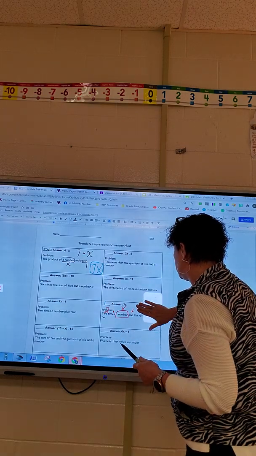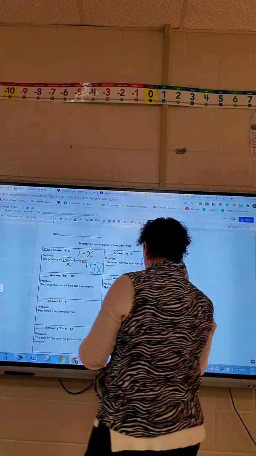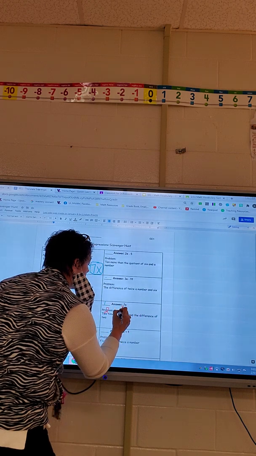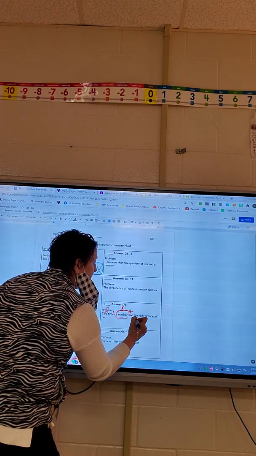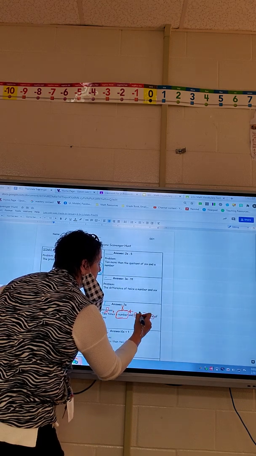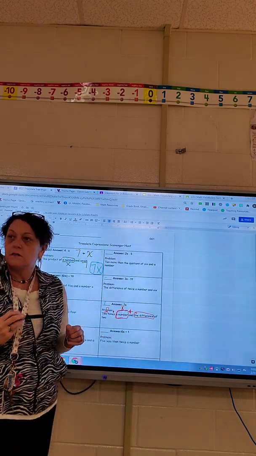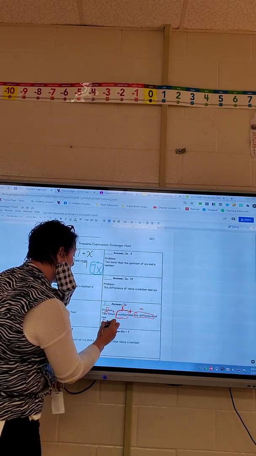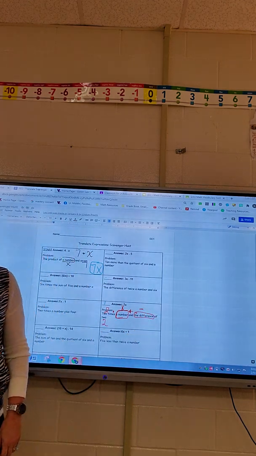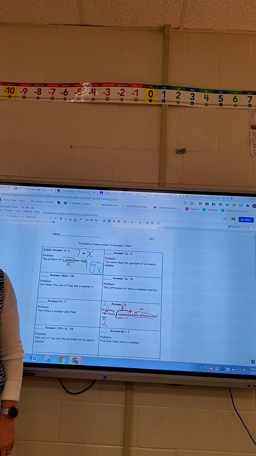That looks like an x. Hold on. I'm writing sideways so that I don't get in the way of the camera. The difference. What does the difference of mean? Subtract of 2. Okay? Of 2.